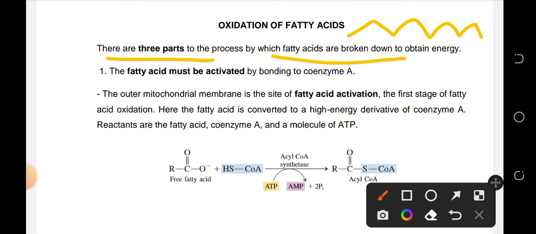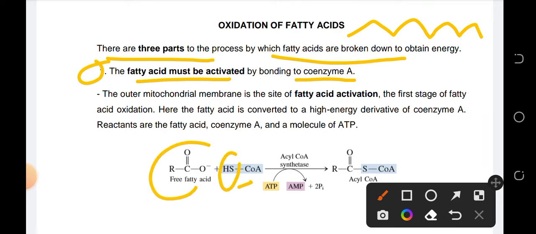Okay? So, we have here, first step, the fatty acid must be activated, bonding to a coenzyme A. So we have here the fatty acid, we have here the A. So alam natin that the thiol group is the site of reaction. So mabibreak dyan.